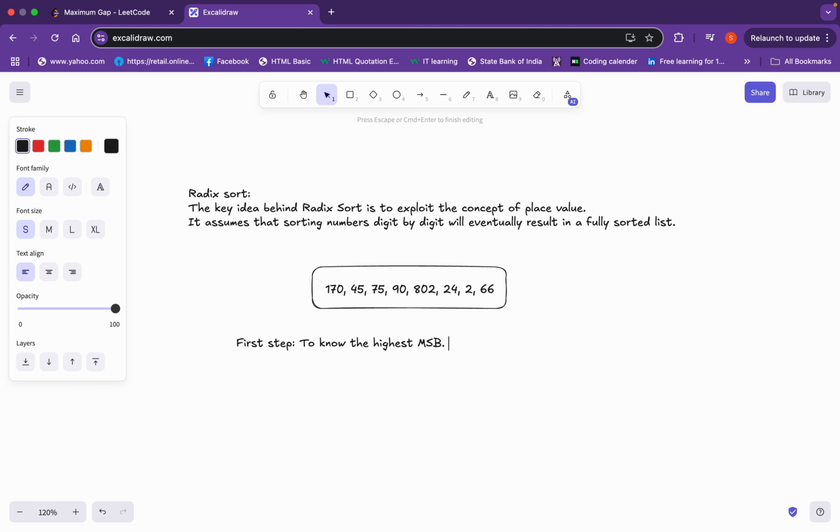till which most significant bit we need to deploy sorting on each digit. So for the given example, we can find the largest integer, that is, largest is 802.